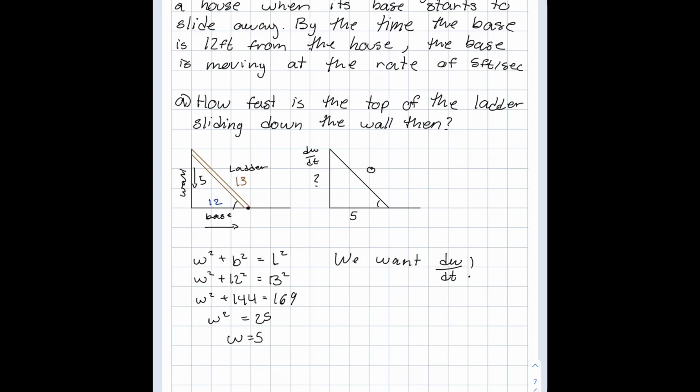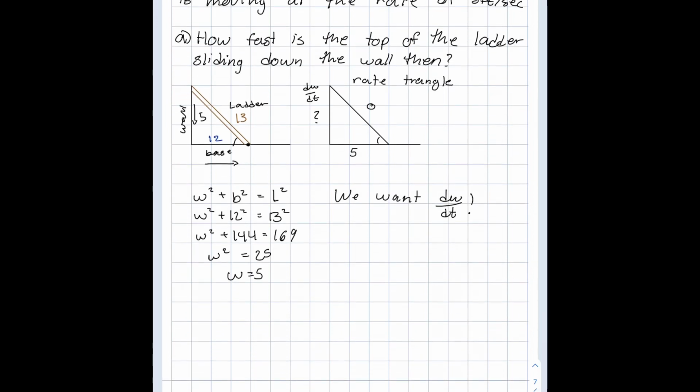If you don't like to write out dB/dt equals this, dL/dt equals that, that's why I like a rate triangle or a separate picture, and I can relate them back to each other. Okay, cool. So we're going to take our handy dandy equation and differentiate with respect to t.